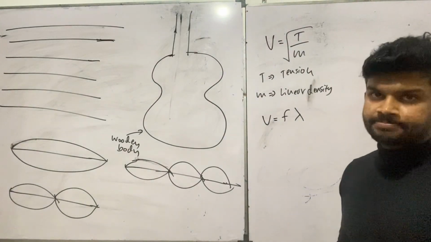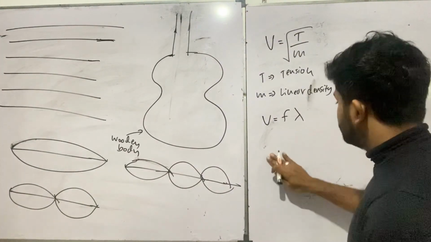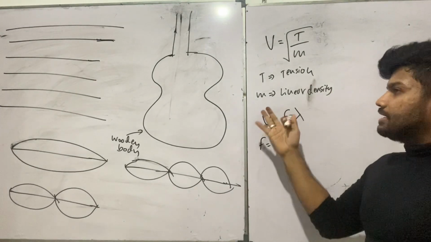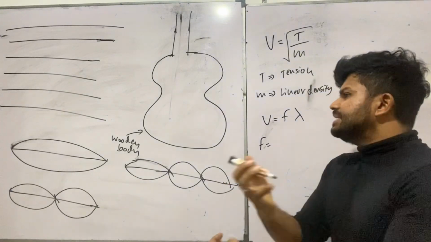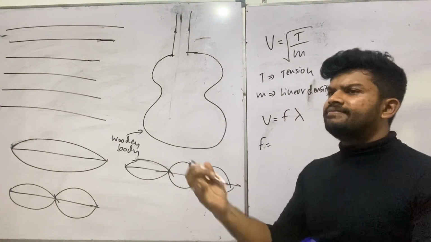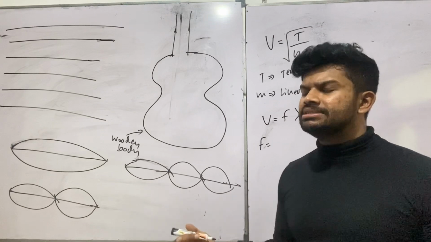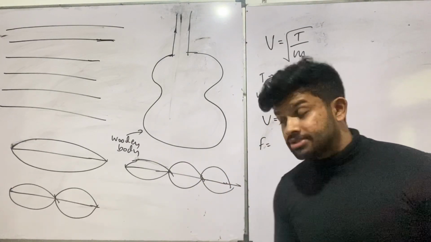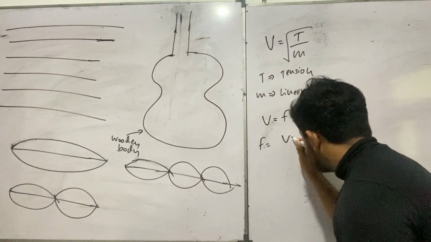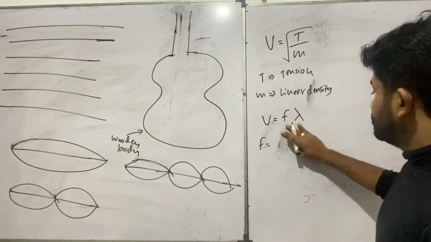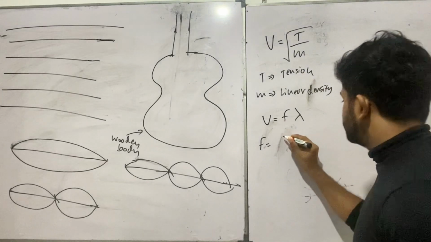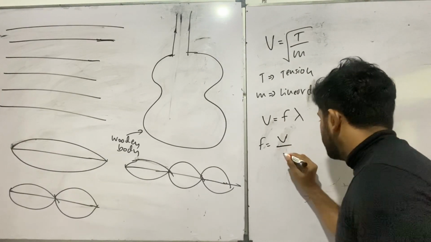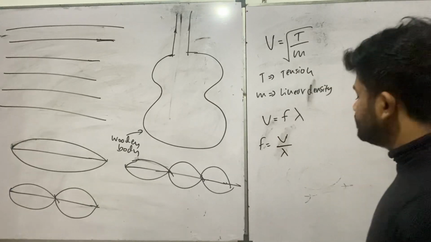In any given medium, if the nature of the medium doesn't change, the wave speed doesn't change. Therefore the wave speed remains unchanged. Here you can substitute the square root of T over m if you want, but I'm going to write it this way: f equals v over lambda.